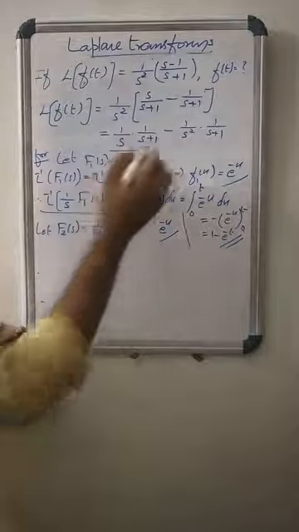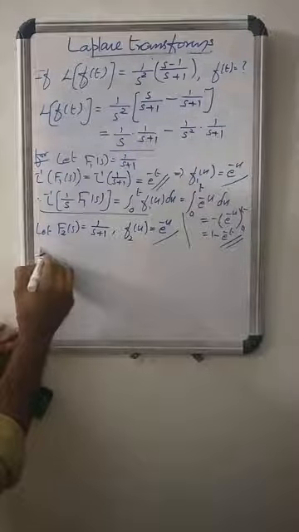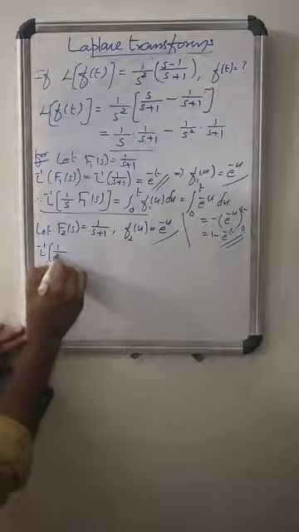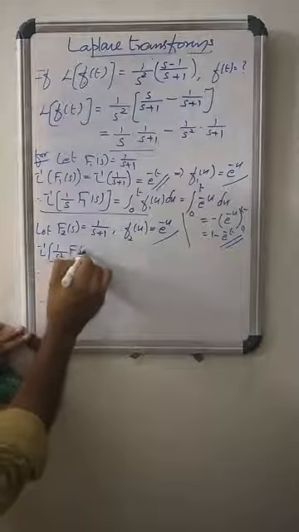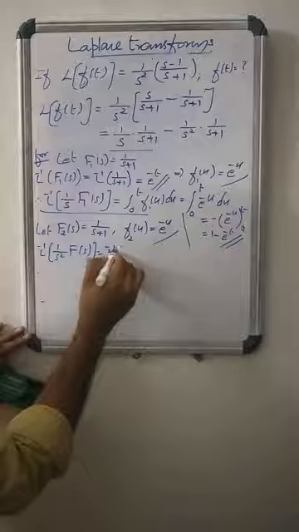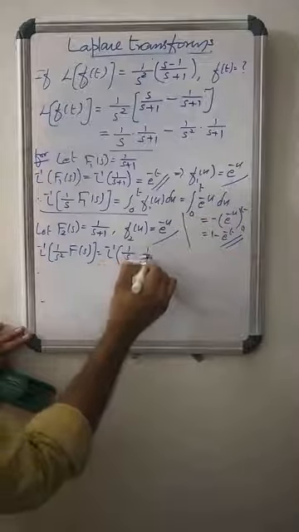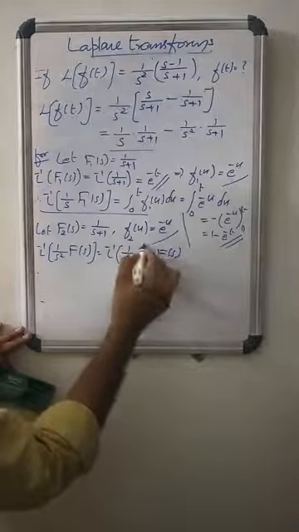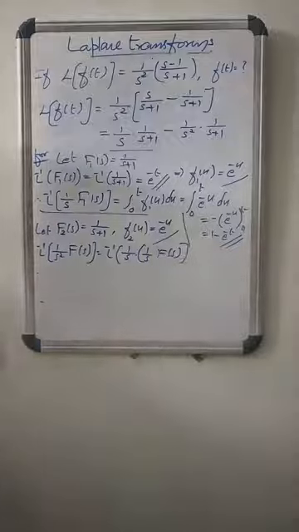But there is 1/s². So what about L inverse of 1/s² f(s)? That is L inverse of 1/s into 1/s into f(s).